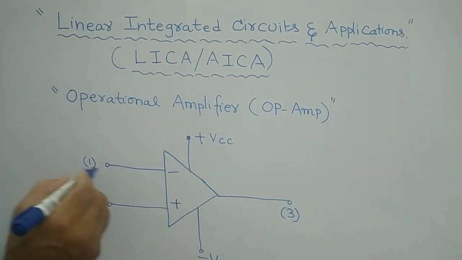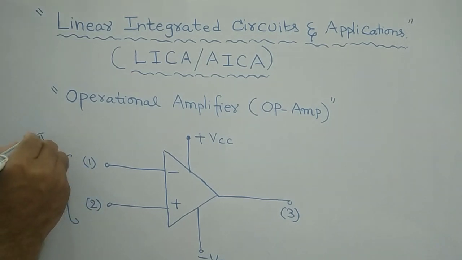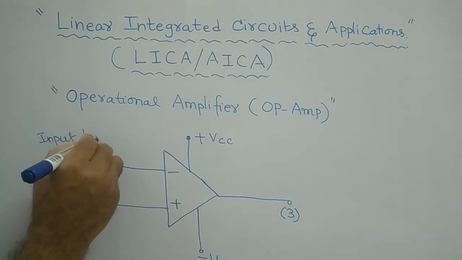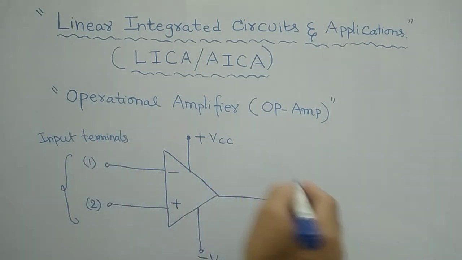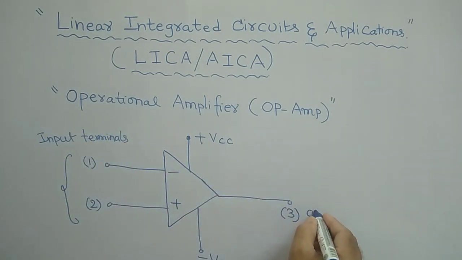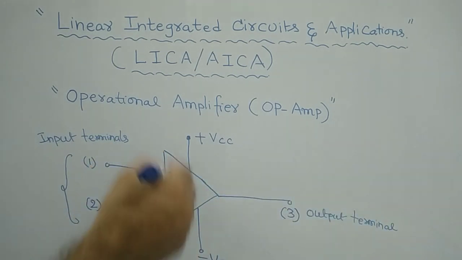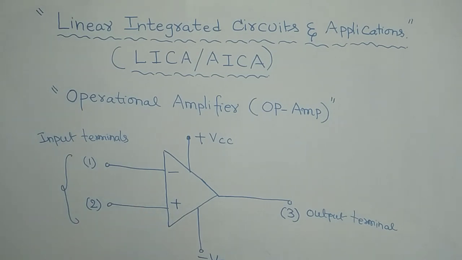These two are called input terminals, and this third terminal is called the output terminal. Remember what this amplifier will do: it amplifies the weak signal.